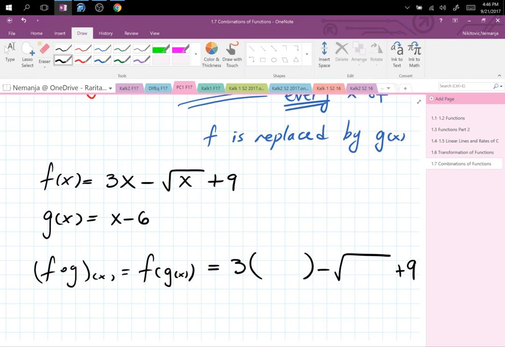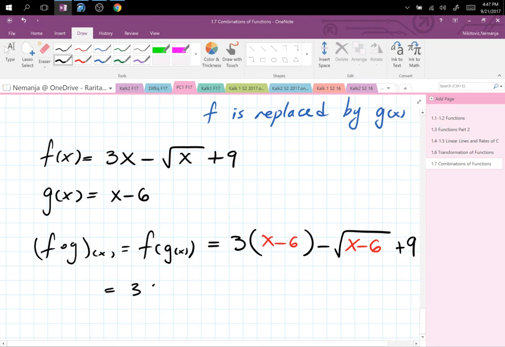Observe that I copied the entire structure of function f, except I did not put any x's. Those x's are going to be replaced by g, so we have x minus 6 and x minus 6. You will follow through with algebra and clear up whatever you can in the next step, but the first step is the crucial step, where you realize that you are replacing every x with g.